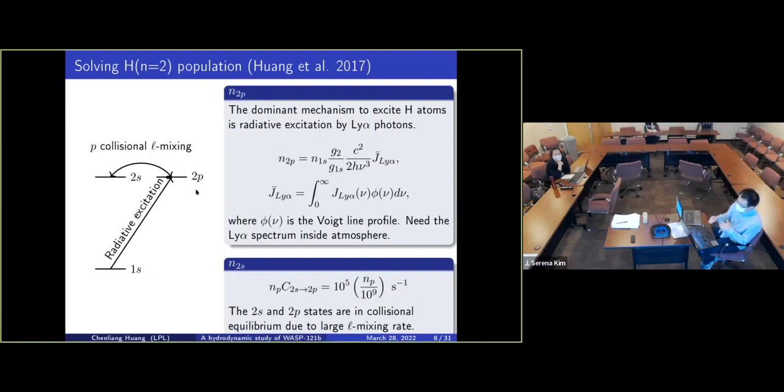The first is that the 2p state has a very fast spontaneous decay to 1s rate. That's the major destruction channel for hydrogen 2p states. And for the production channel, the major production channel is the ground state absorbing a Lyman alpha photon and then radiatively exciting.